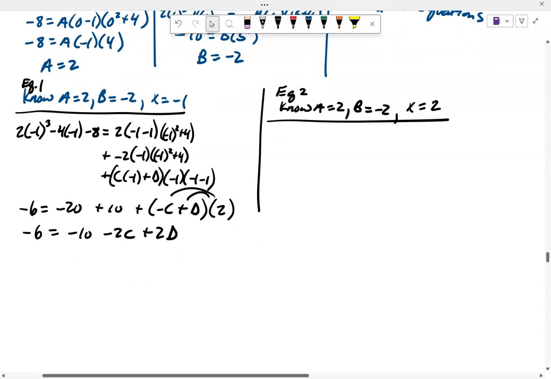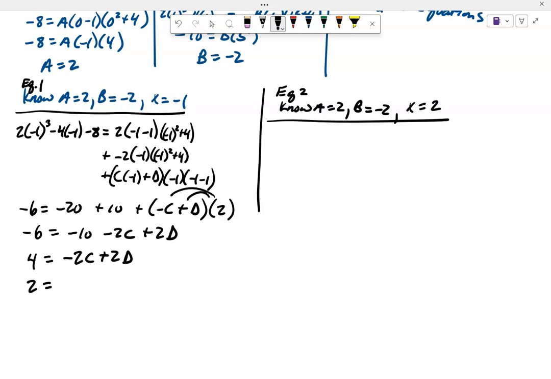Add 10 to both sides, so 4 equals -2c plus 2d. We divide everybody by 2. Okay, there's my equation 1.